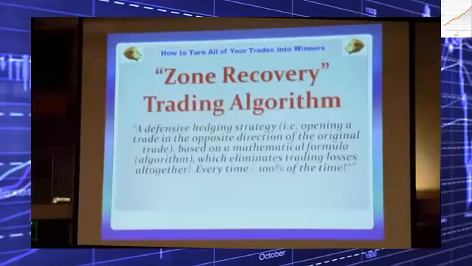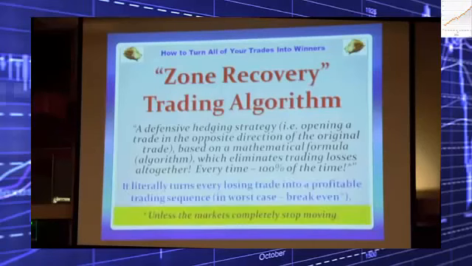Which eliminates trading losses altogether, every time, 100% of the time, when set up properly. What it does is literally turn every losing trade into a profitable trading sequence. In the worst case, break even.